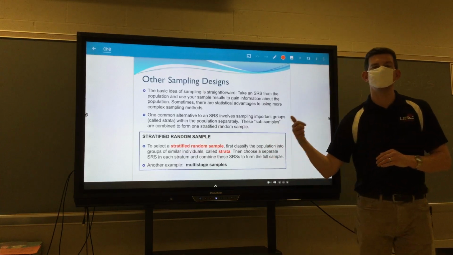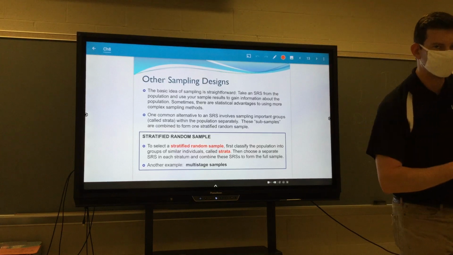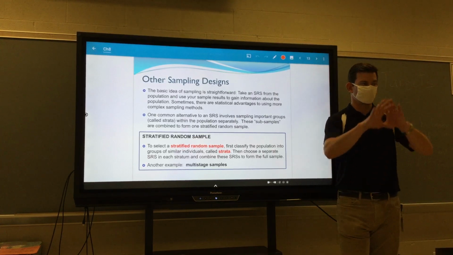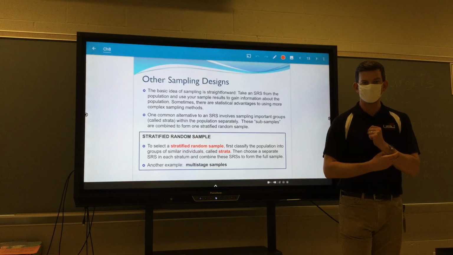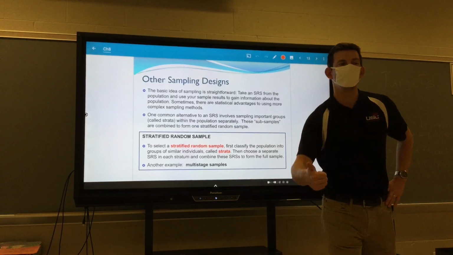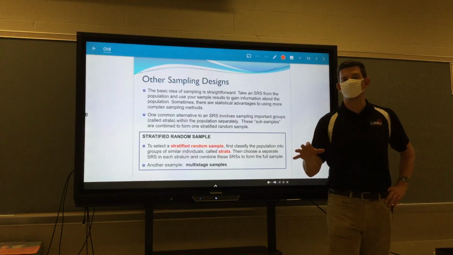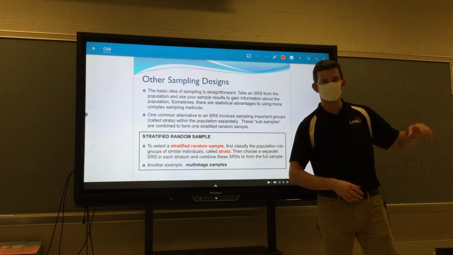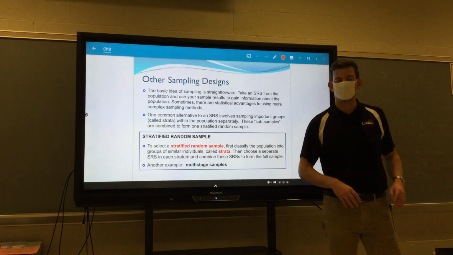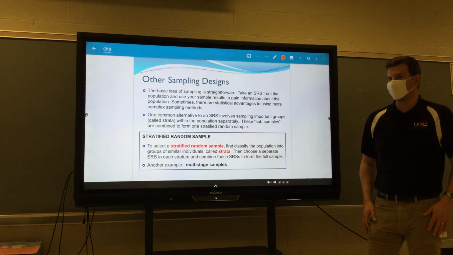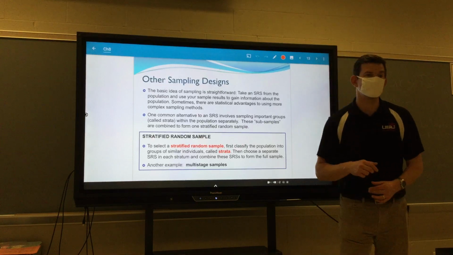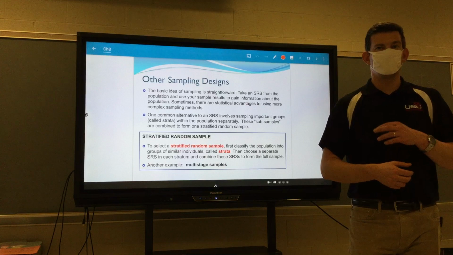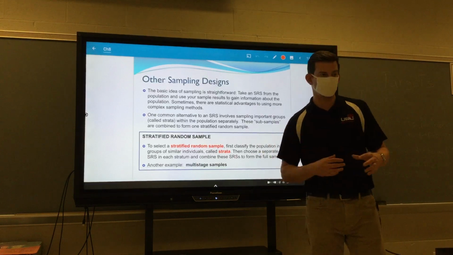Now, oftentimes this is done multiple times. Let's say we're using that nationwide population as our overall population of interest. Maybe I stratify by region of the country: Northeast, Mid-Atlantic, Southeast, Midwest, Pacific Northwest, all that stuff. And then I stratify again by state, and stratify again by county, and by municipality or township.